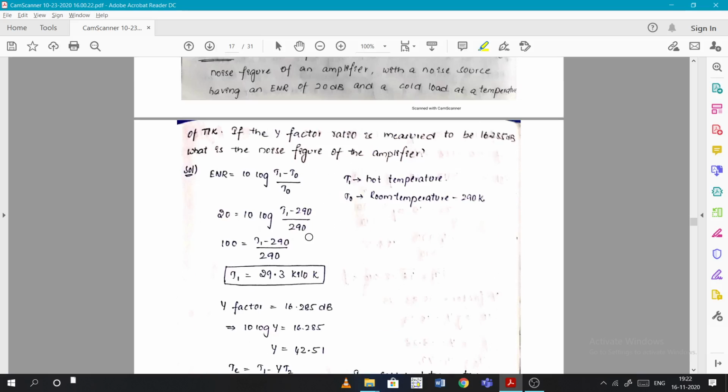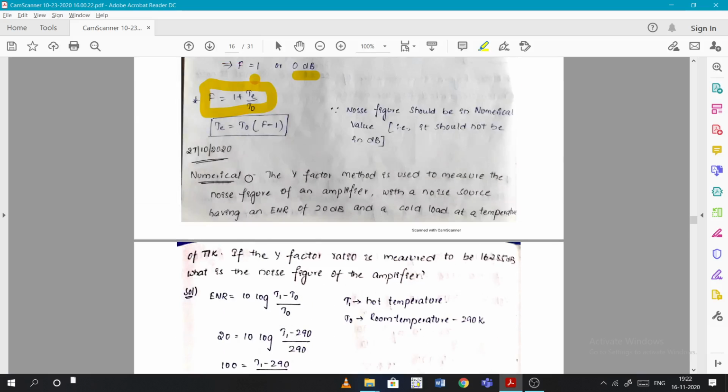So these are the numericals, where they have given the cold load as 77 Kelvin. They also measured the Y value, the Y factor ratio, and they have given the ENR value. From the ENR we will find T1, where T1 means the hot temperature. T1 minus T0 by T0, right?